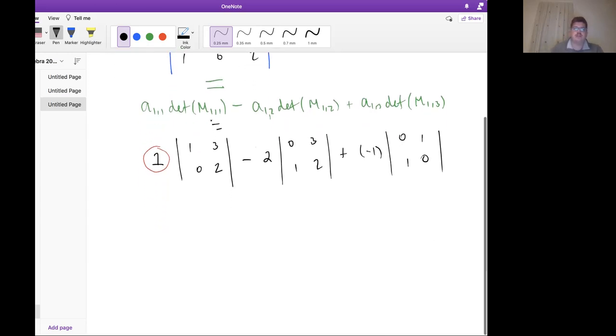Okay, great. So now let's do the determinant. What's the determinant of the first matrix? You don't need to give me the exact number, just give me the subtraction. So 2 minus 3 times 0, which is 0.